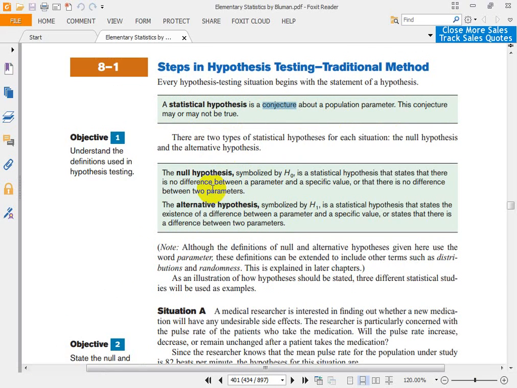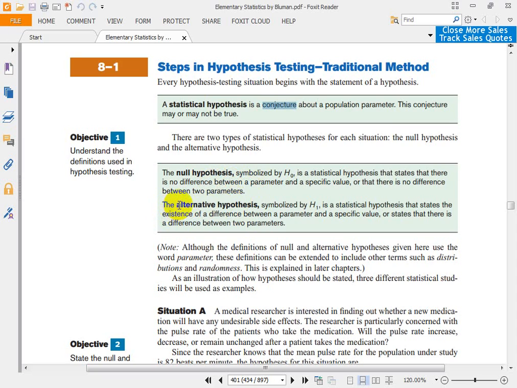Good. This hypothesis can be divided into two categories: one is H0, another one is H1. The null hypothesis, symbolized by H0, is a statistical hypothesis that states that there is no difference between a parameter and a specific value, or there is no difference between two parameters. I know that the concept will get cleared if I go through certain examples.